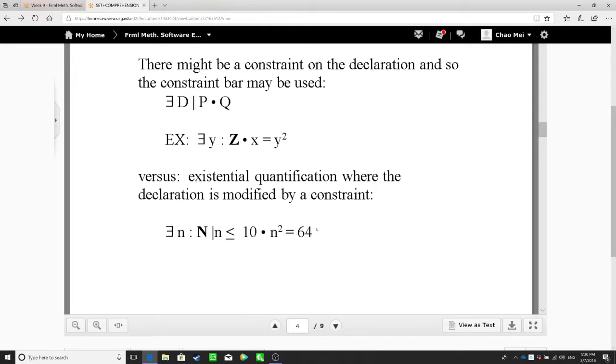Now if we switch this n to z, is this correct? Yes. 8 is one of them, and actually -8 is another one. If we change this to z, and this less than or equal to 5, not 10, is this correct? No. Why?